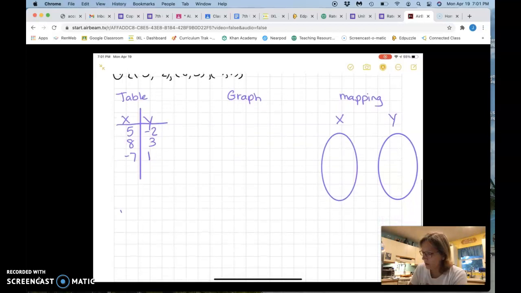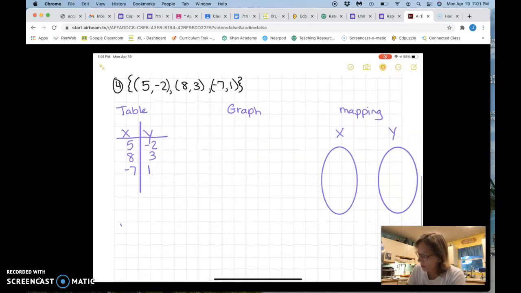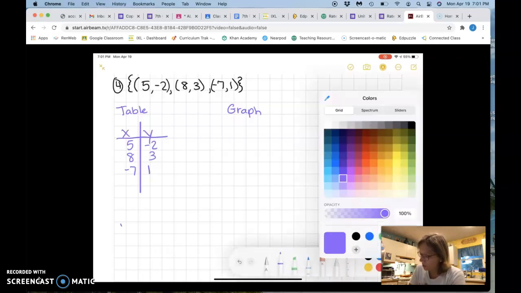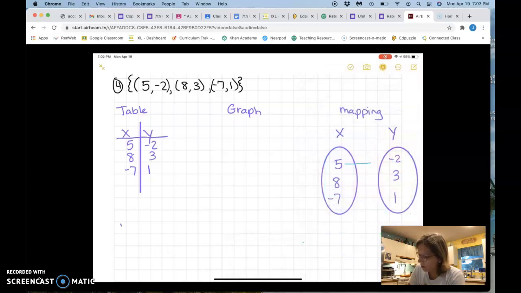All right, and so again, we're going to write all the X's down here, and then the Y's here. And then we're going to draw an arrow to show which ones go together. And right now, since we're just starting out, they're super simple, and so they just go straight across.